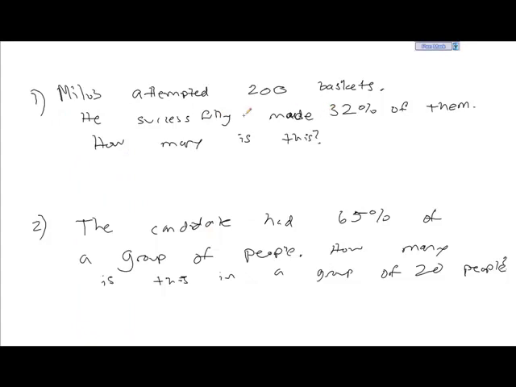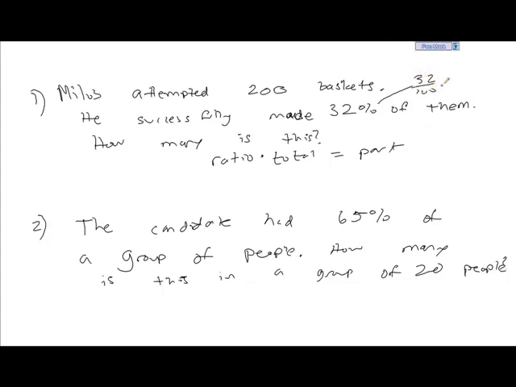Milos attempted 200 baskets, let's say we're talking about basketball. He successfully made 32% of them. How many is this? So we say that the ratio times the total equals the part. Now, 32% that's 32/100ths, remember.